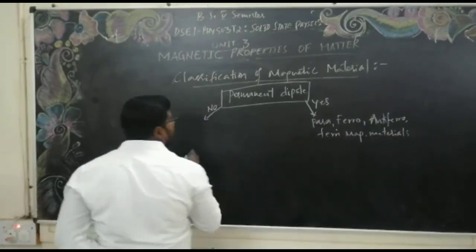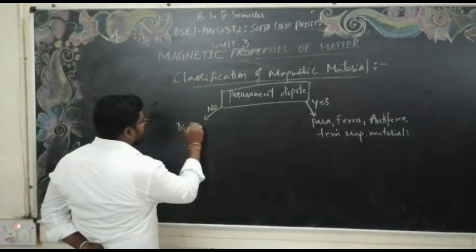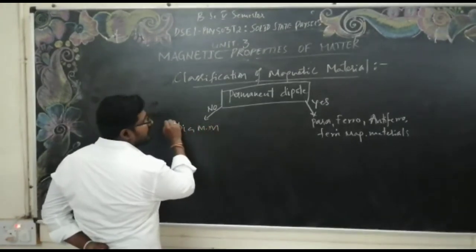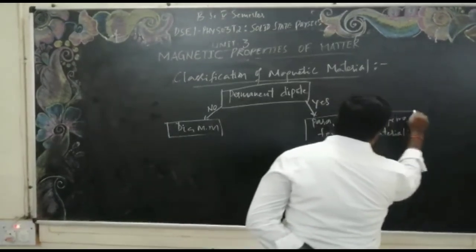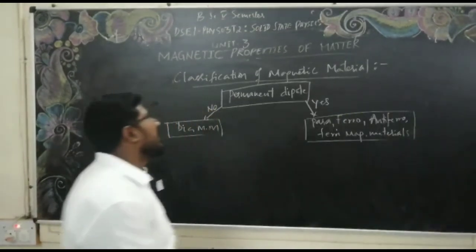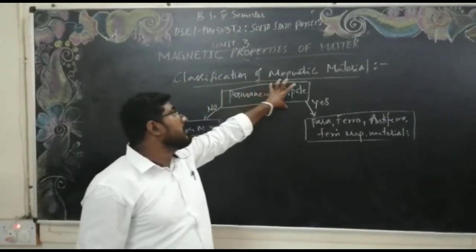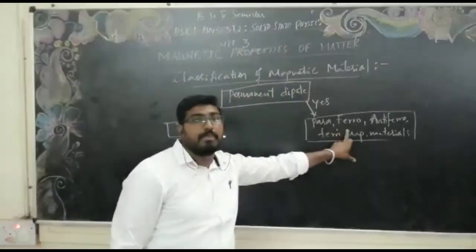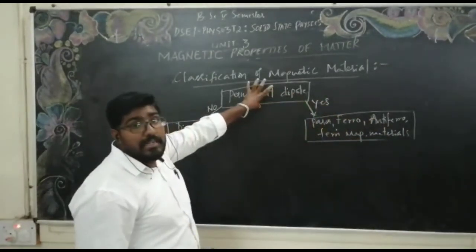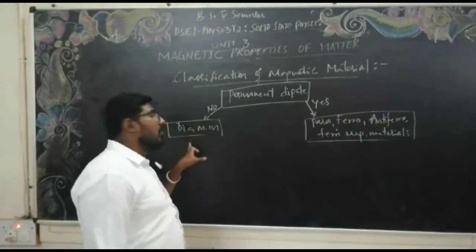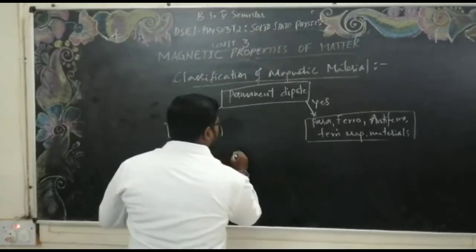If no, that means the material does not have a permanent dipole, and in that case we call it diamagnetic. That means it depends upon the permanent dipole. If the material has a permanent dipole, it comes under para, ferro, antiferro, ferrimagnetic materials. If it does not have a permanent dipole, it is a diamagnetic material.